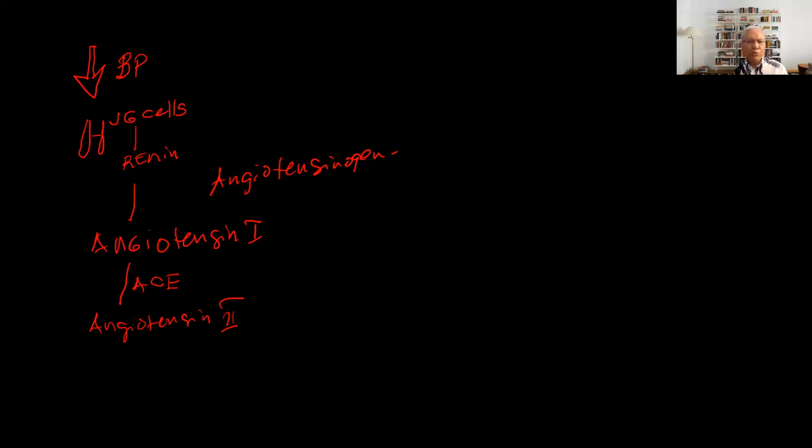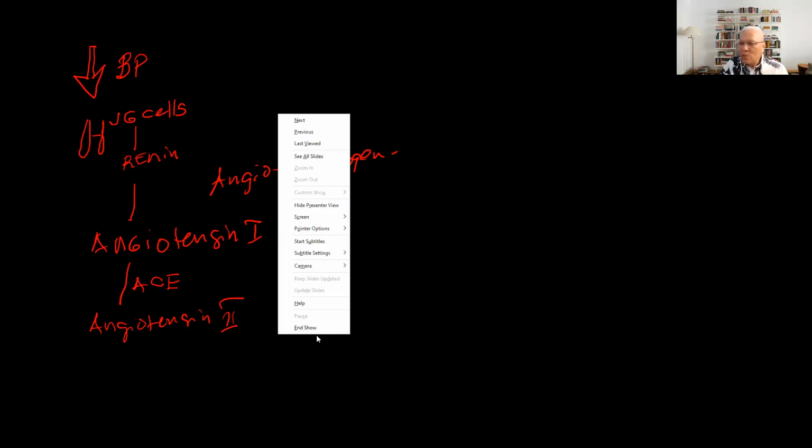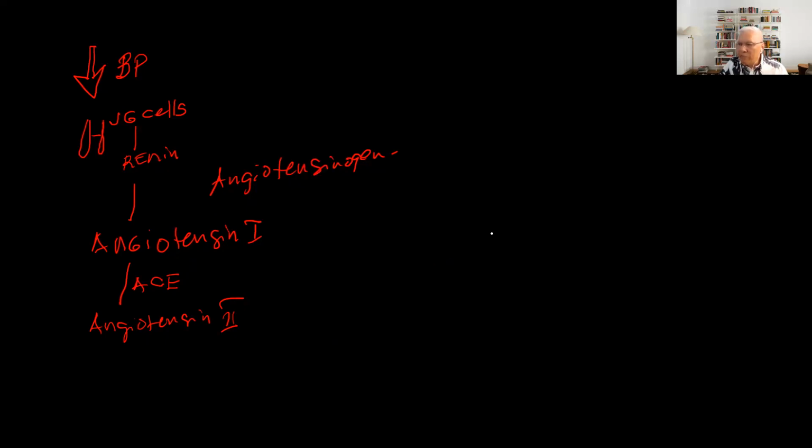They secrete renin, and this renin activates angiotensinogen in the liver, which becomes involved in the formation of angiotensin 1. And angiotensin 1 will now be converted to angiotensin 2 by the effect of angiotensin converting enzyme.